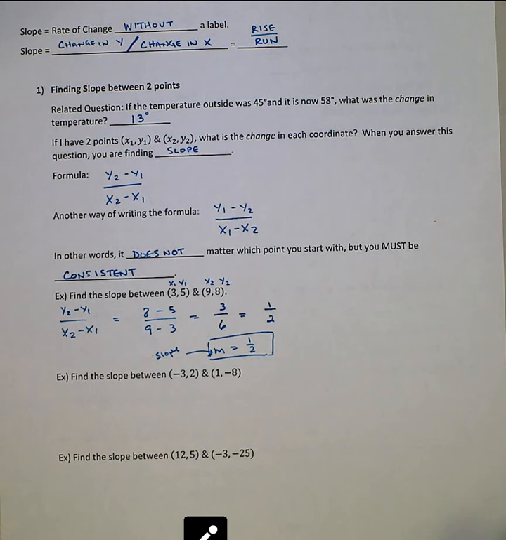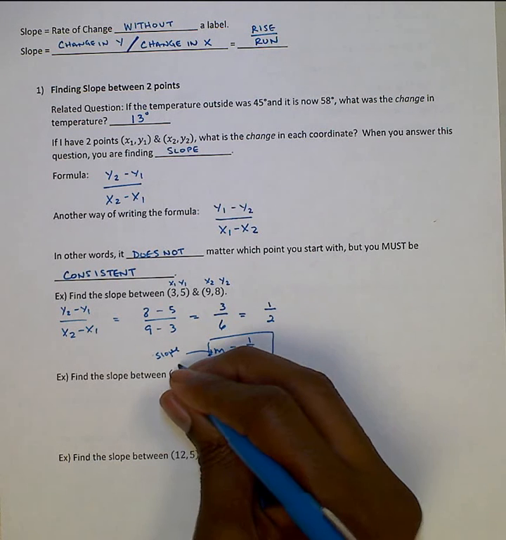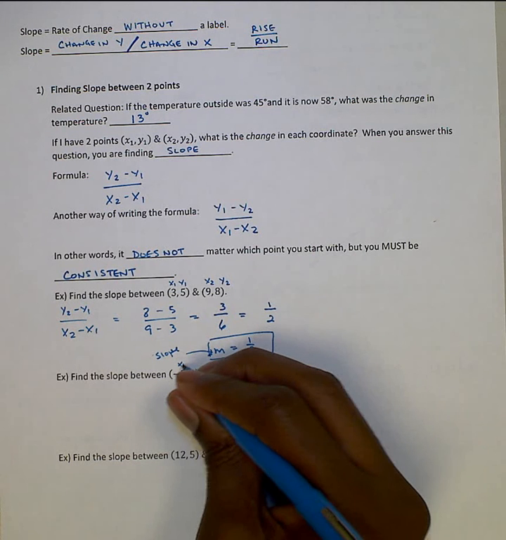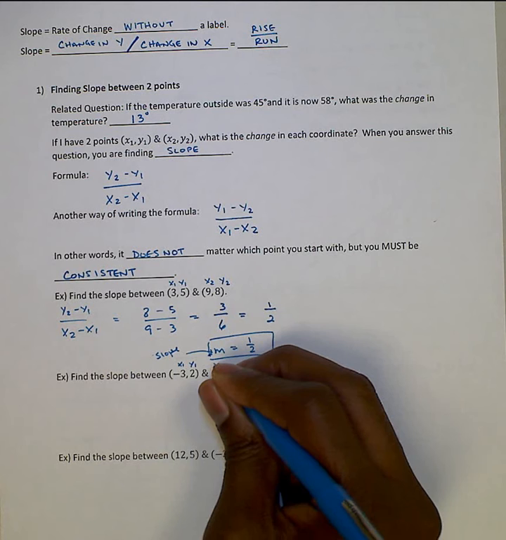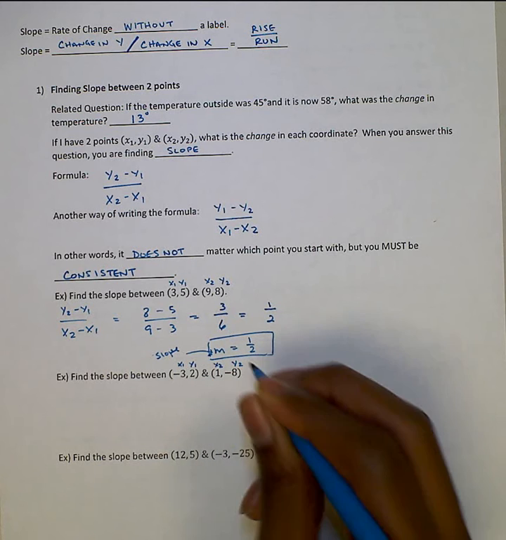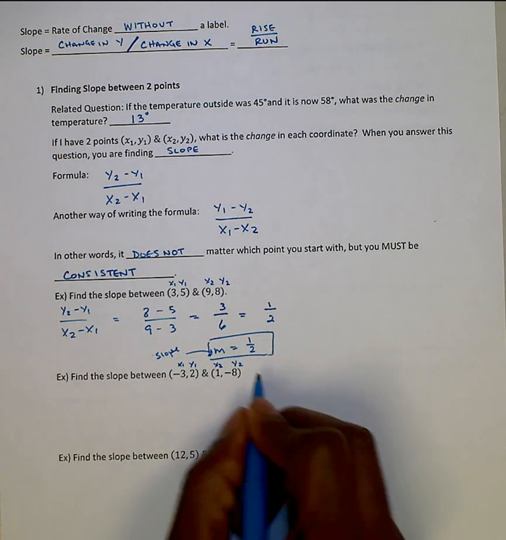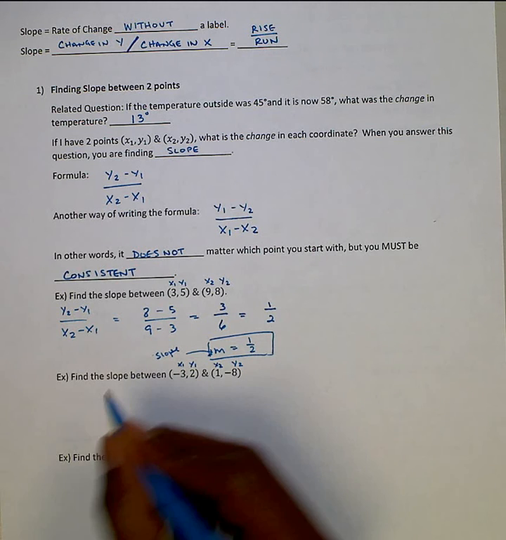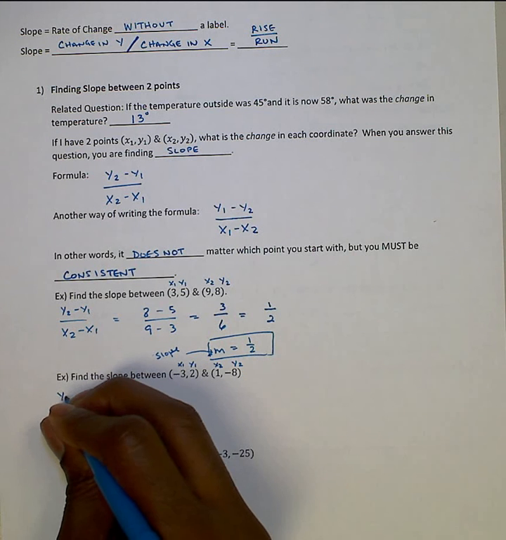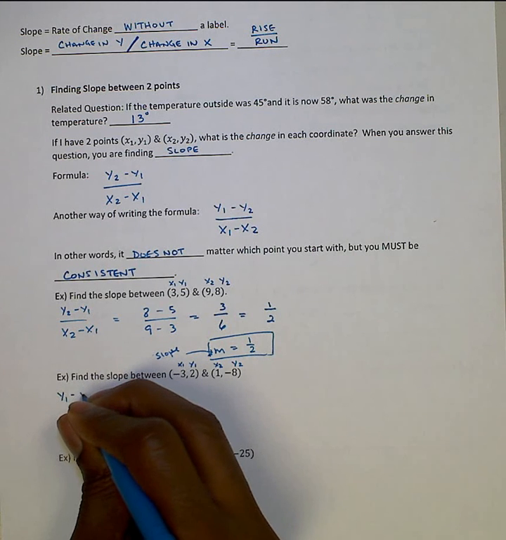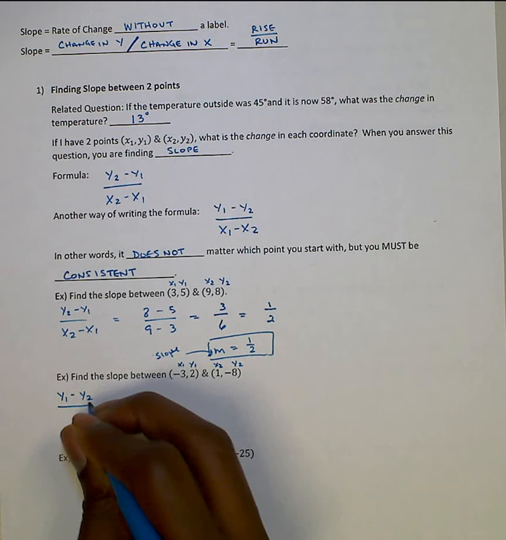Okay, now I'll do this next one. Again, you don't have to do this all the time, but especially if you're having difficulty putting stuff in the right order, remember as you're going through the first data, here are your points. Like I said, it really doesn't matter which order you start with, but you do have to be consistent.